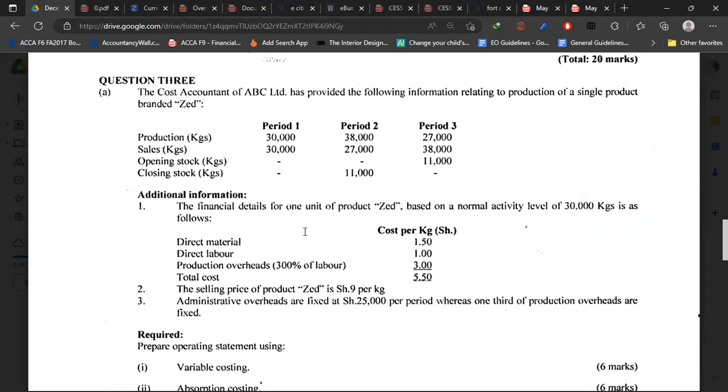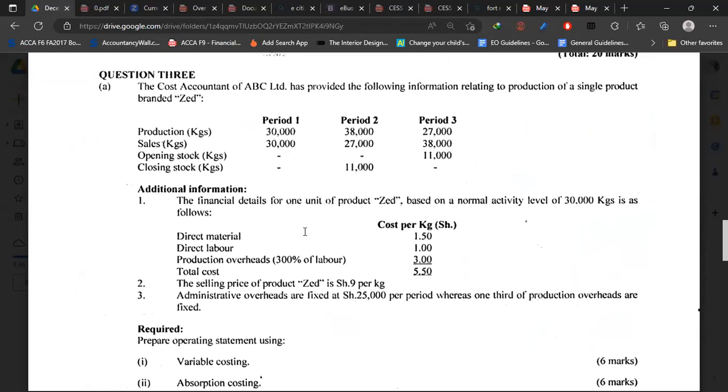Question 3A, someone? Someone to read? Jacob?